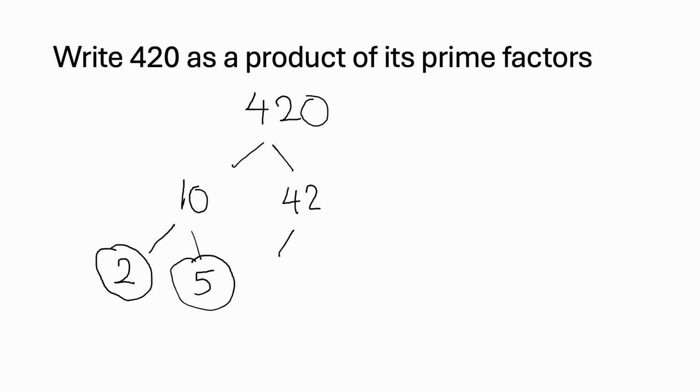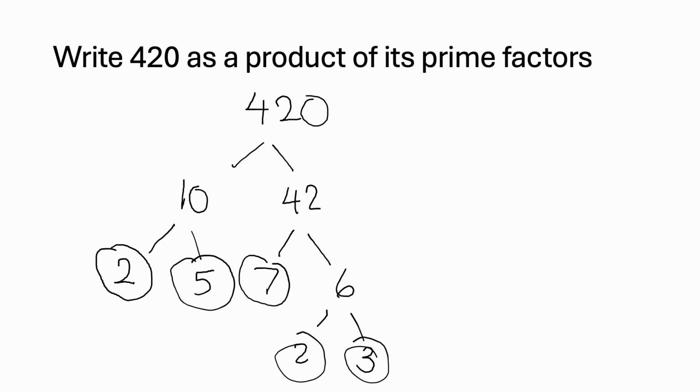42, 7 goes into 42. Yep, it does. So 7 and then 6. 6 is not a prime number, but 6 splits down into 2 and 3.